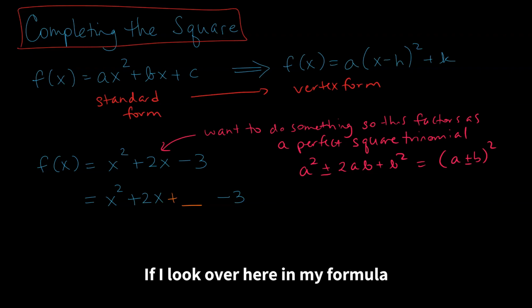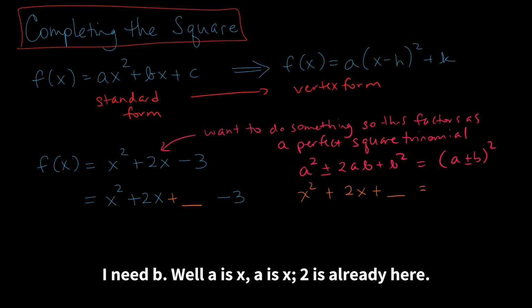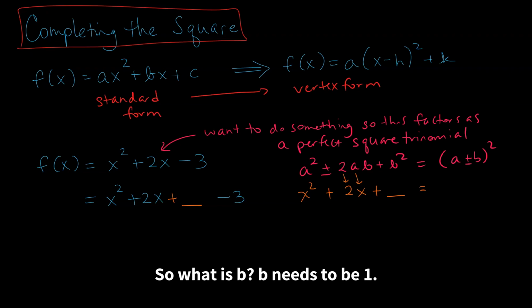Well, if I look over here in my formula, x squared plus 2x plus what? I need b. Well, a is x, 2 is already here, so what is b? B needs to be 1, because if b is 1, I will get a perfect square trinomial of (x plus 1) squared. So I need to add a 1.